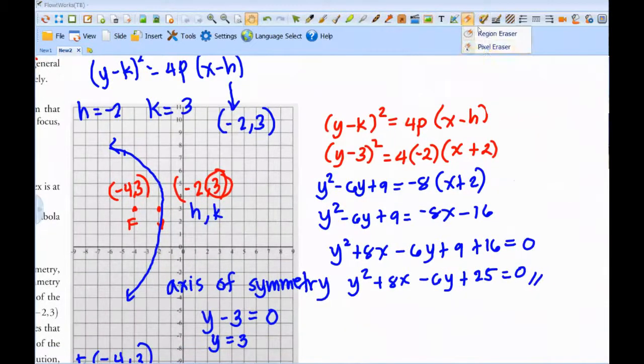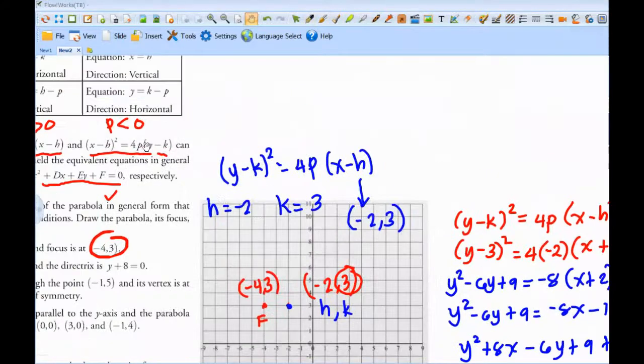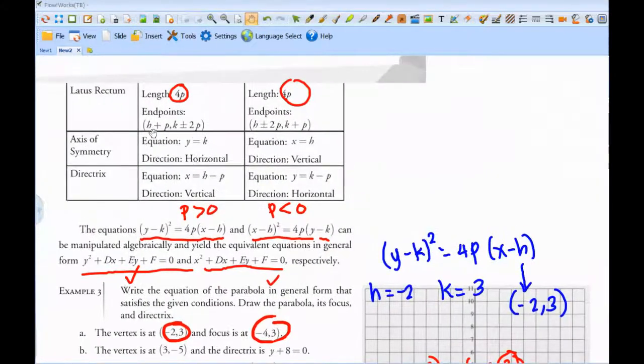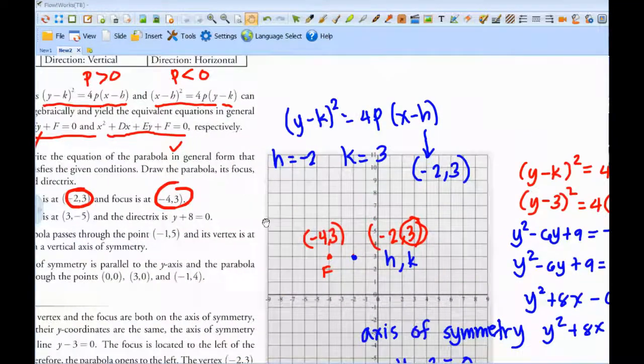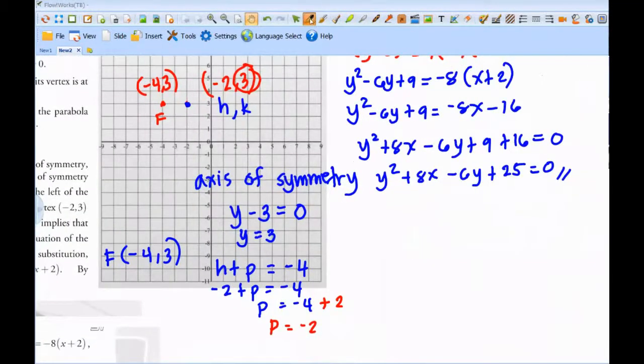let us erase this first. Because we cannot know the endpoints of the lattice rectum until we can get the formulas of the lattice rectum. So what's the formula of the endpoints of the lattice rectum? So h plus p and k plus and minus 2p.